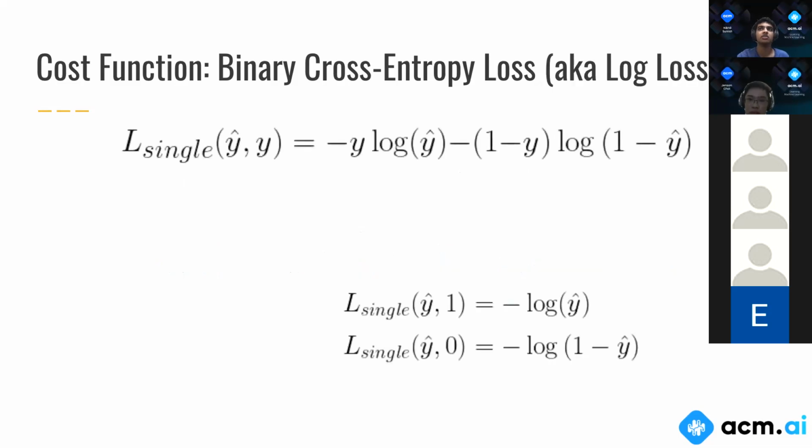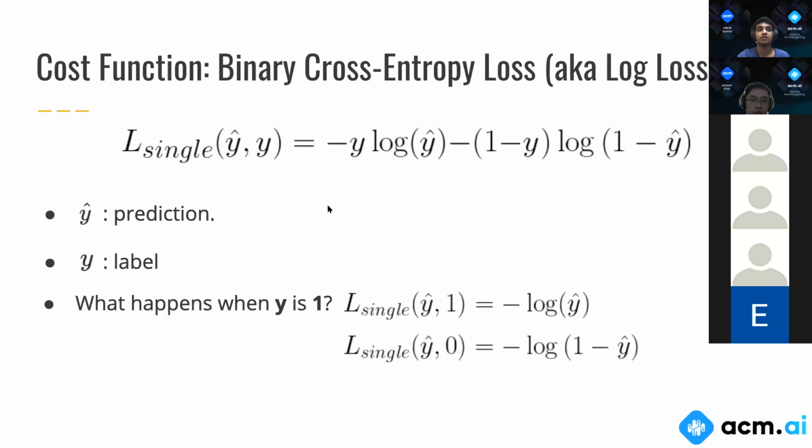Again, prediction and label, same thing we talked about before. But the important questions are, what happens when y is equal to 1, and what happens when y equals 0?